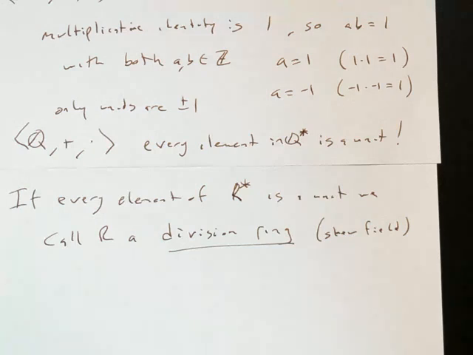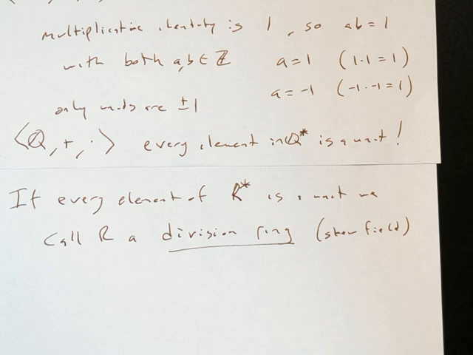Somebody name me another set, another ring, not of numbers, where this is also true. Klein 4 doesn't have any other operation. Klein 4 only has one operation. That's just a group, not a ring. So I need something that's got 2 operations in it, both of which are well defined. It makes sense, where some elements have inverses and some don't, for multiplication.